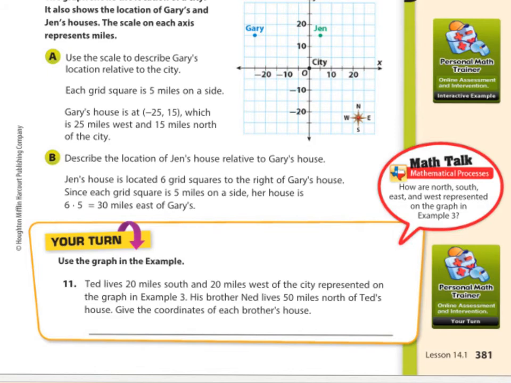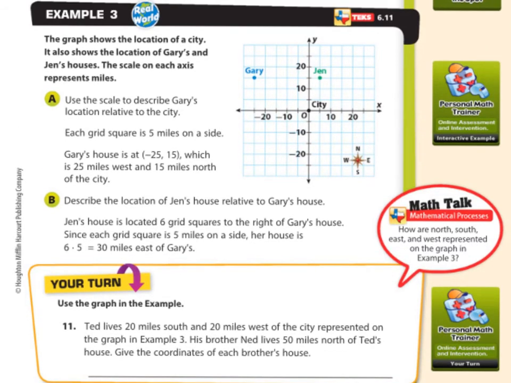So again, I'm going to label this just so I remember. Never eat soggy waffles. Ted lives 20 miles south, so that's going to be here. And then 20 miles west. Okay, so this is where he actually lives. Not really here. Okay, that's where Ted lives. So I'm going to put Ted there.